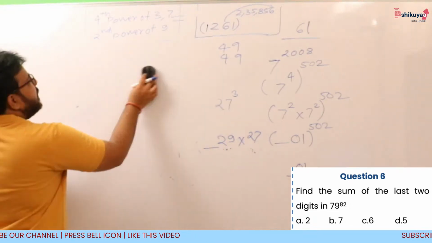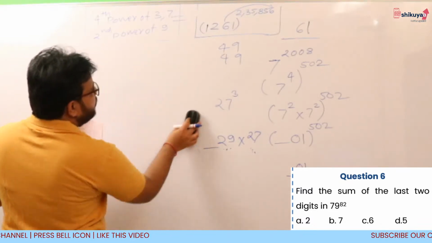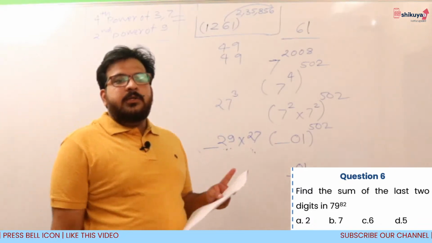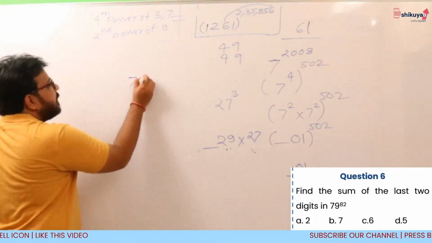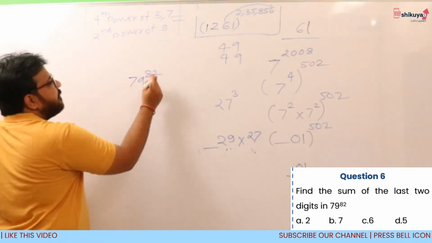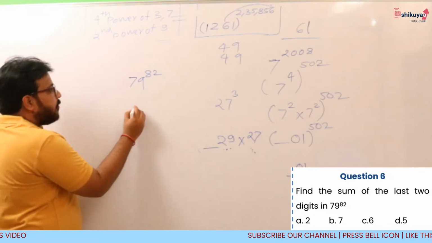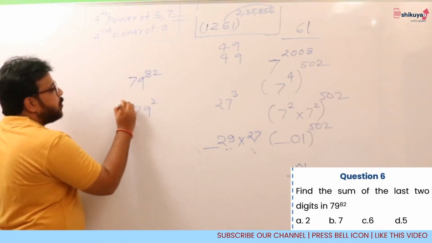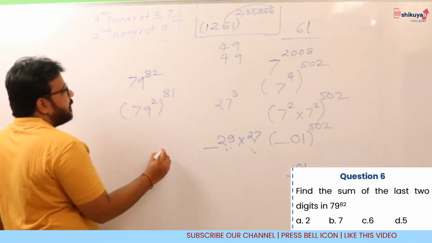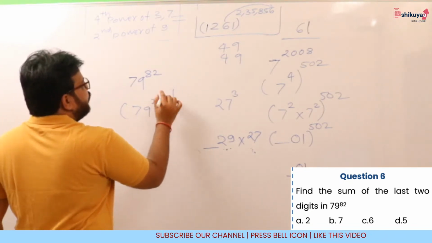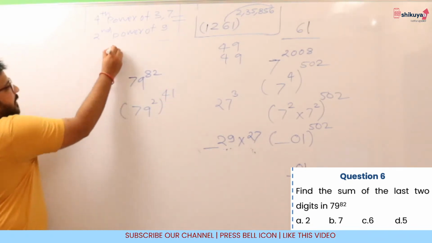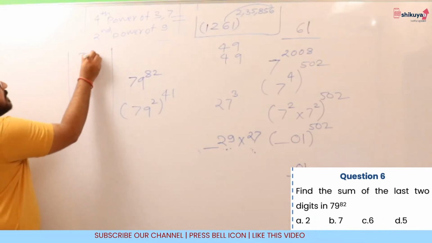Or I can tell you. Yes, 79 raised to 82 is the given problem, correct? So you have to write 79 raised to 2 raised to 41. So in this way, now you are expert into this multiplication.